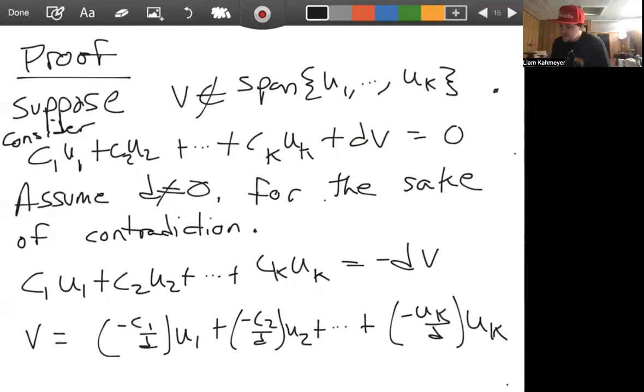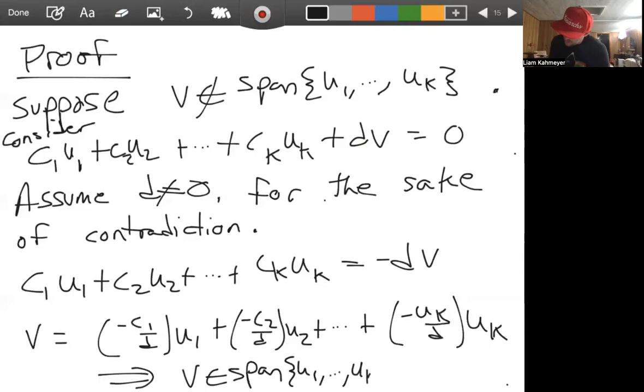But what does this expression mean? If we can write this for some non-zero d, we've just found constants such that v is a linear combination of elements in the set u1 through uk. So this equality implies that v is in the span of u1 through uk, which is a contradiction.